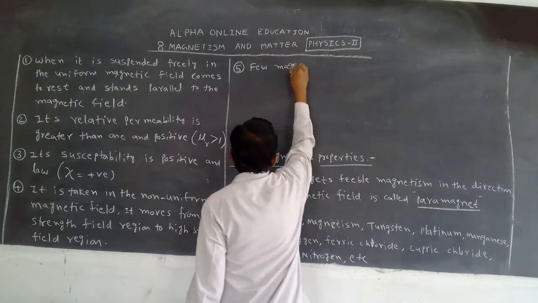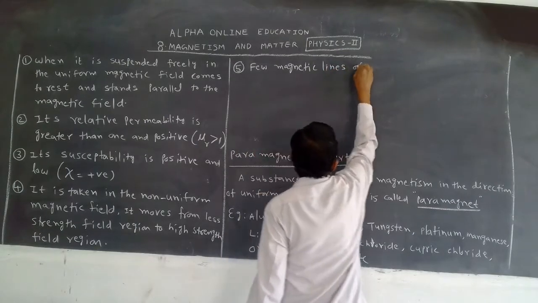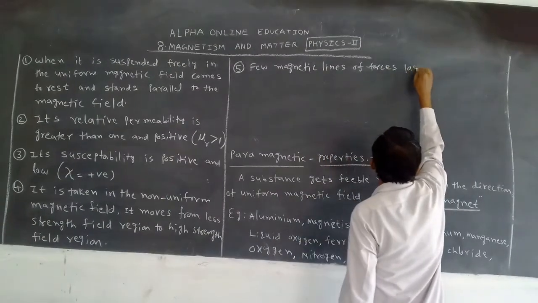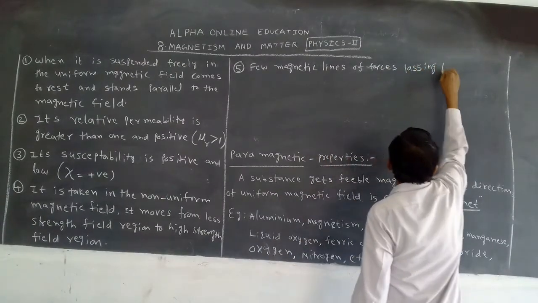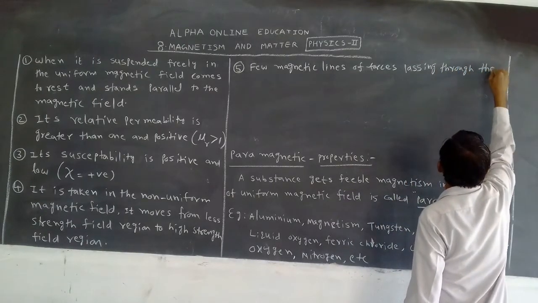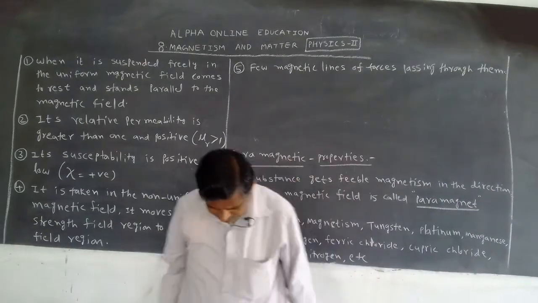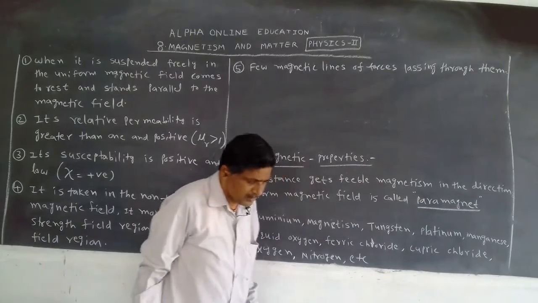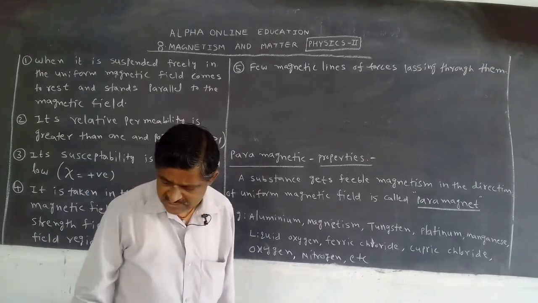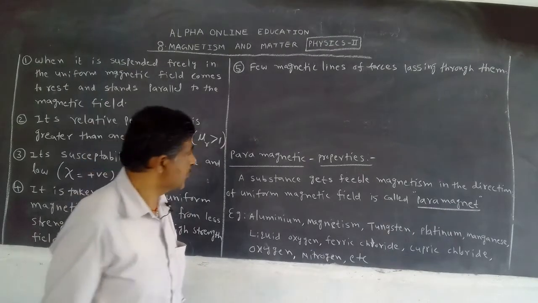Few magnetic lines of force passing through them. Means when a paramagnet is taken in the external magnetic field, few magnetic lines are passing through it. This is about the paramagnet properties.